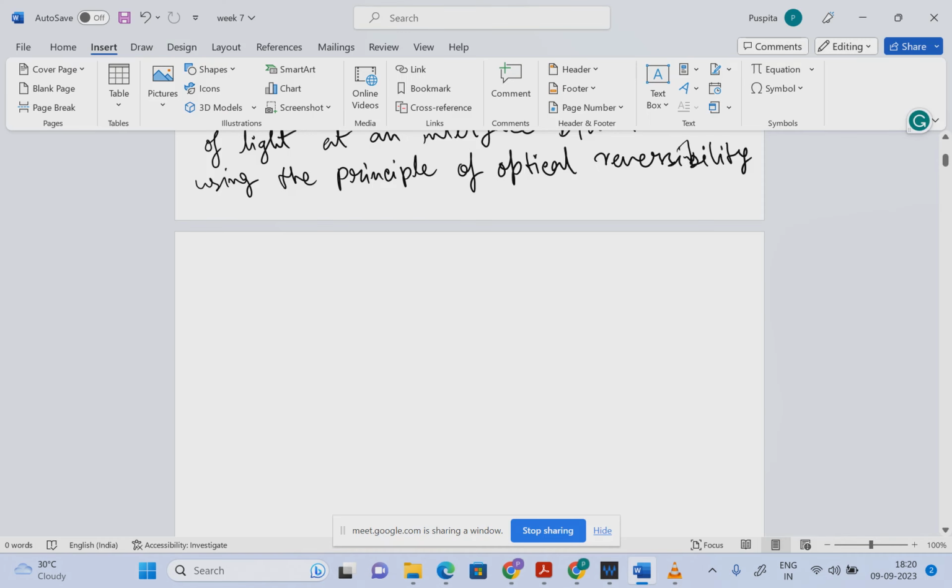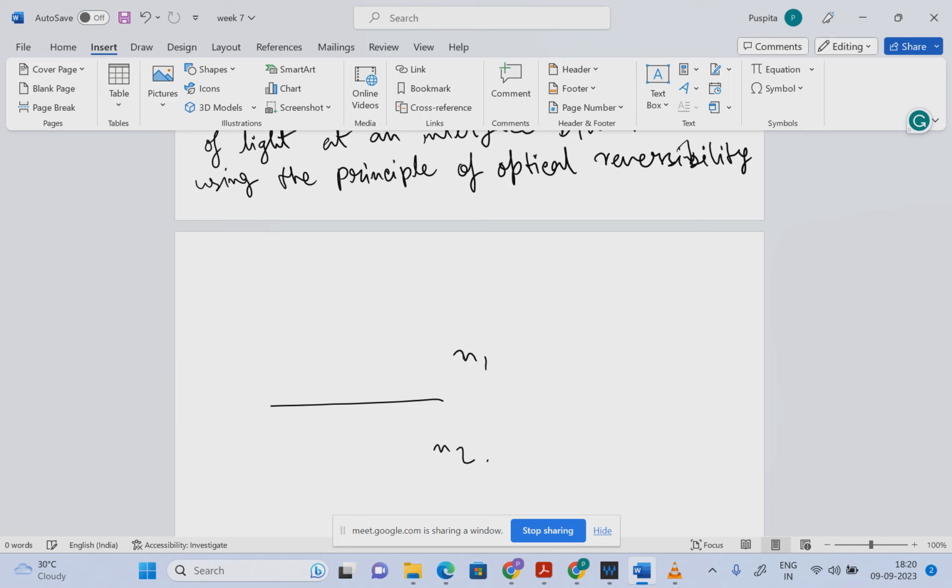So consider a light ray incident on the interface of two media like this. The ray is traveling from a medium of refractive index N1 to a medium of refractive index N2.